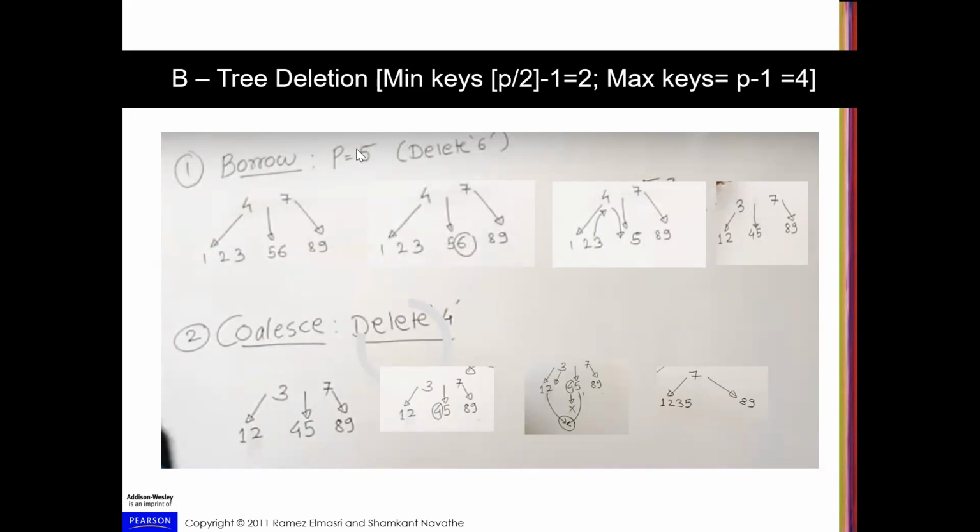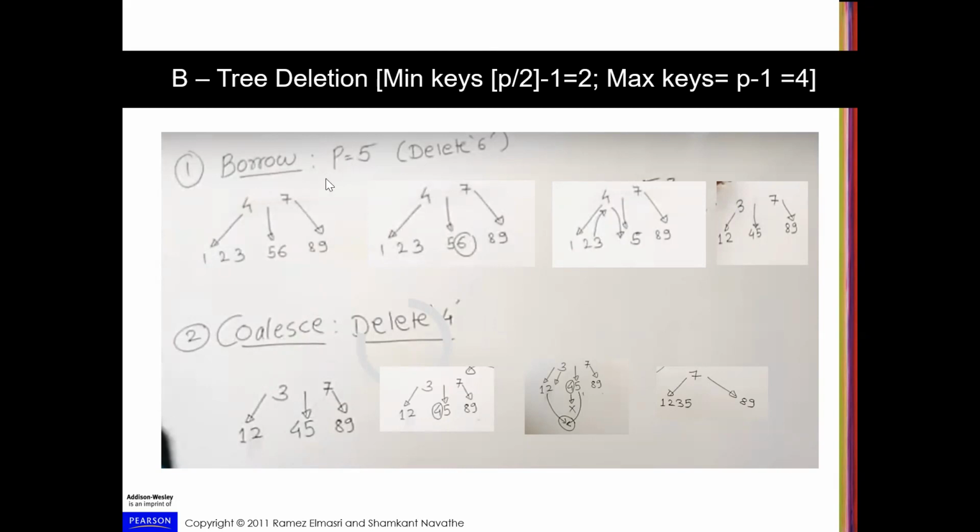Now, when we talk about B tree construction, what is very important? We have the order of the tree, as we have seen in insertion. While deleting, we have one more important factor, which is the minimum number of keys.